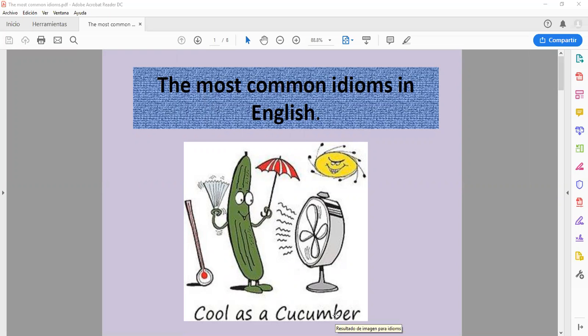For example, the one that you can see on the screen is cool as a cucumber. If it is the literal meaning, cucumbers are cool. Yes, they are so fresh vegetables.